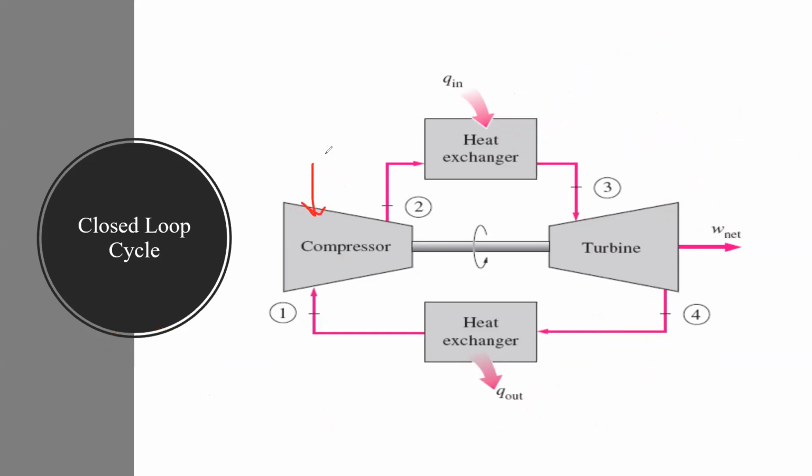The first process is this isentropic process, the second process is this isentropic process. And where the constant pressure process is performed, here I use constant pressure, and here I also use constant pressure. So how can I conclude this closed loop cycle? In the closed loop cycle I perform two isentropic processes and two constant pressure processes to enhance the efficiency of the closed loop cycle.